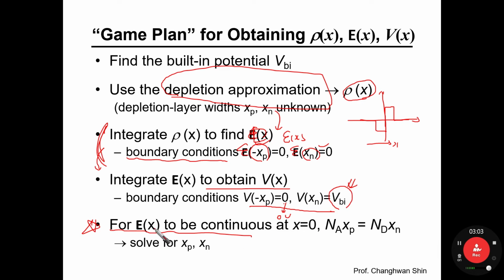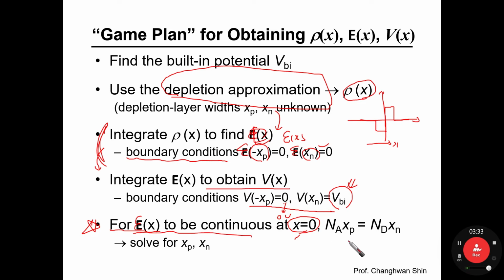Afterwards, we are going to do one more step in this lecture note. We're going to look for one more condition to meet the physics. The electric field intensity should always be continuous across the PN junction diode. So in that sense, at x of zero, at the physical contact between the p and n side, the electric field intensity should be continuous.